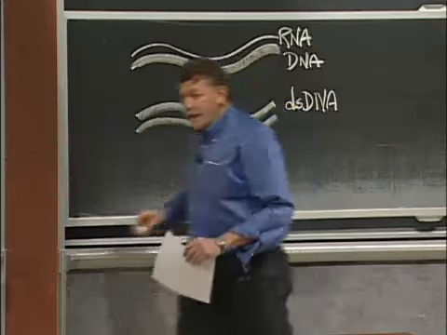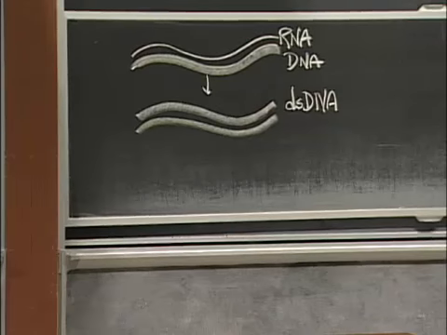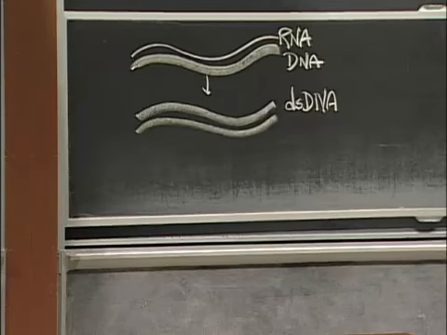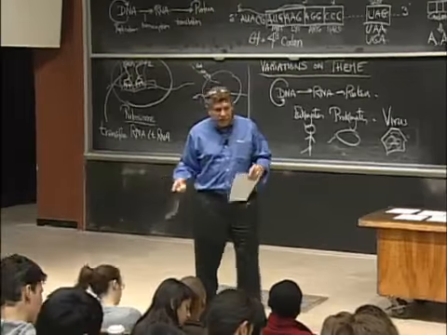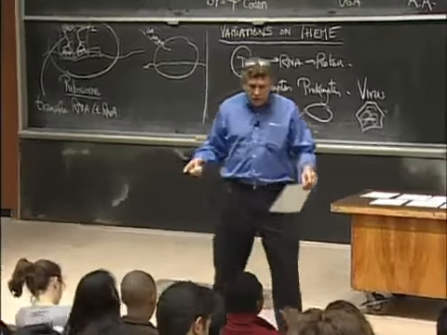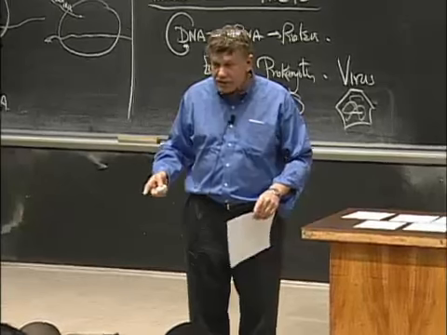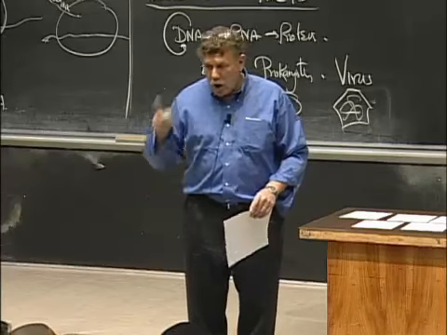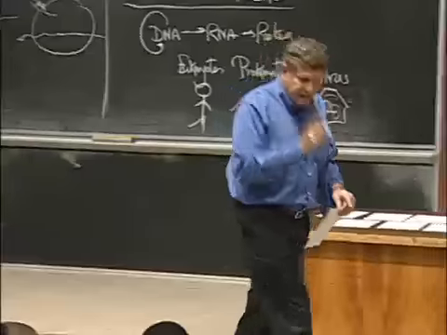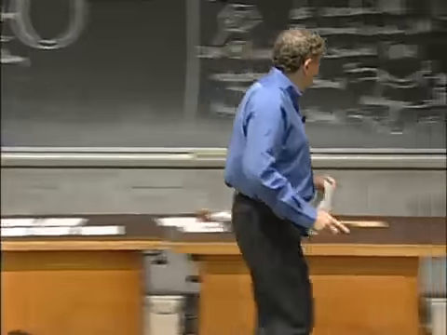So some viruses that bring RNA with them copy themselves not into more RNA, but back into DNA. So instead of an RNA-directed RNA polymerase or a DNA-directed DNA polymerase, what is this? It's an RNA-directed DNA polymerase.